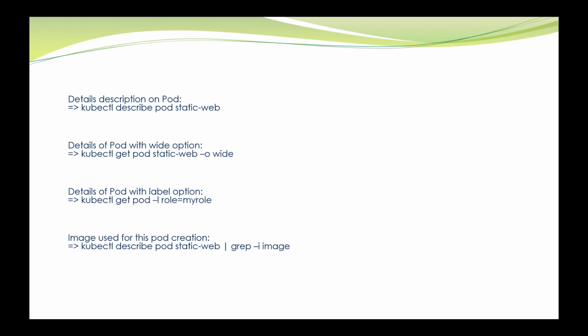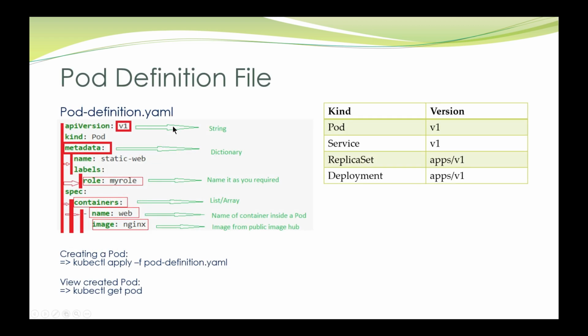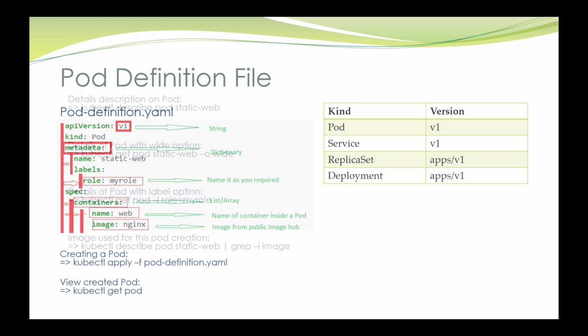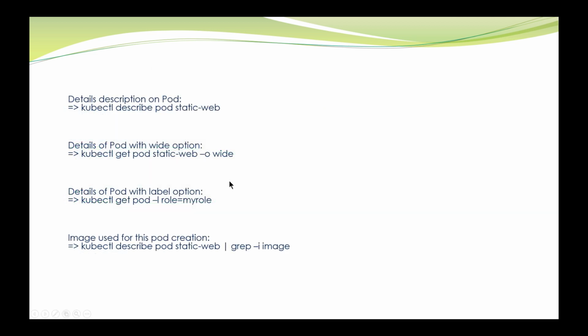If you see the previous screen, here we are providing the label role: my role. So this is the label, and if I have hundreds of pods in a particular environment, how can we fetch them? By using the labels. So labels are very important. Suppose we want to get all the pod details in a list related to production.